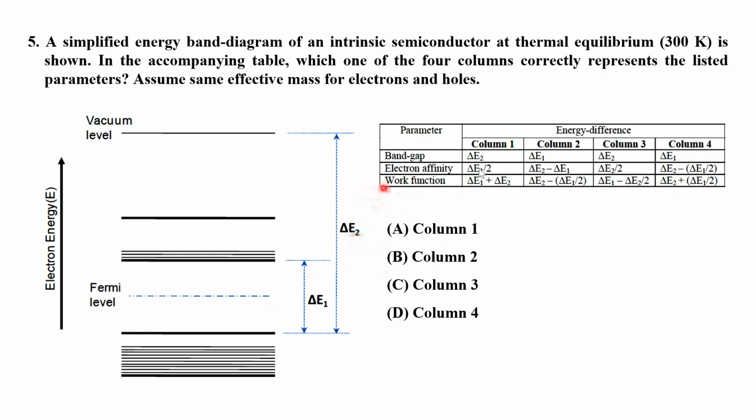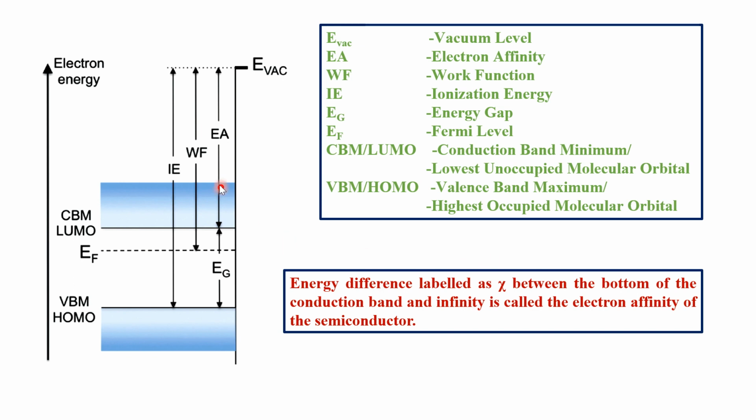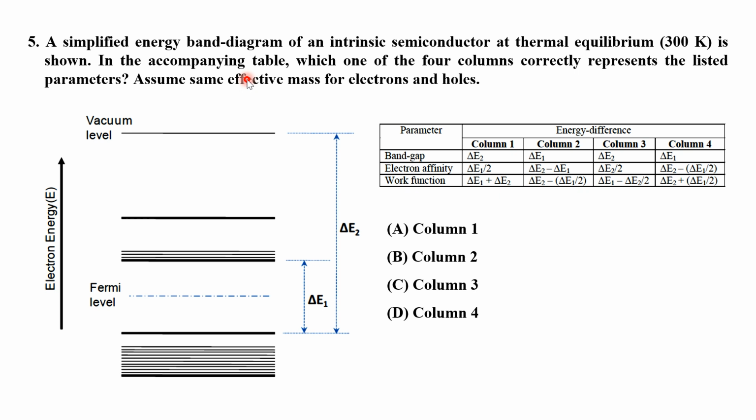Next, we have electron affinity. In this figure, if we see, electron affinity is between conduction band minimum to vacuum level. So here it will be from this point till this point. So how do we find that? Delta E2 minus delta E1. Delta E2 minus delta E1 come for column 2. Therefore, we can fix that column 2 is our answer.